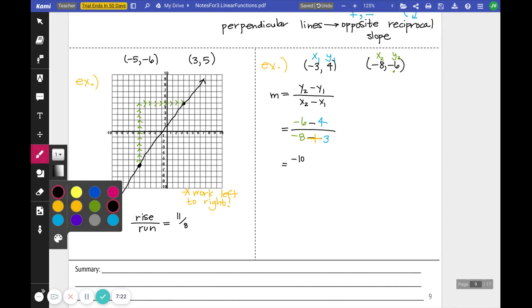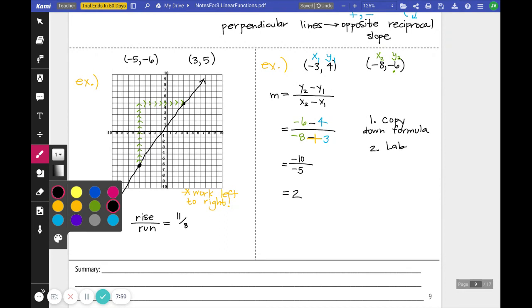So -6 minus 4 is -10. -8 plus 3 is -5. We do not like to have 2 negatives in our fraction, so I'm going to just take a next step and divide this and make it 2. Now, let's go back and process what we did. The very first thing we did, copy down the formula, because we need a place to start.